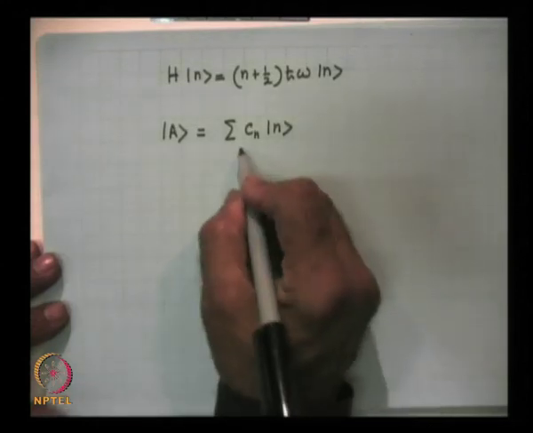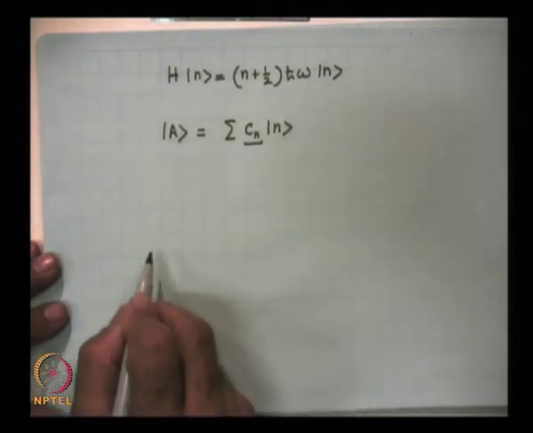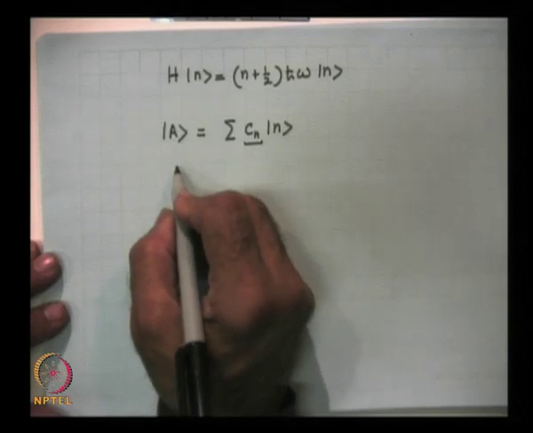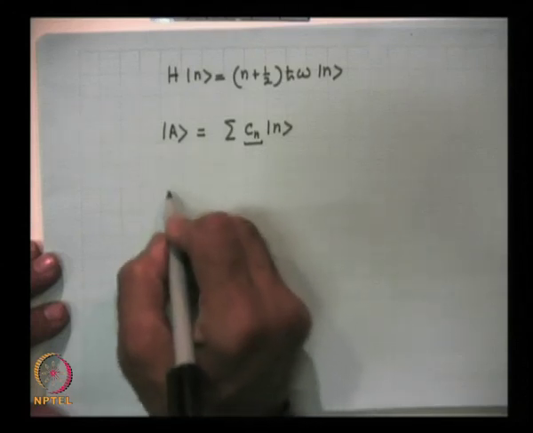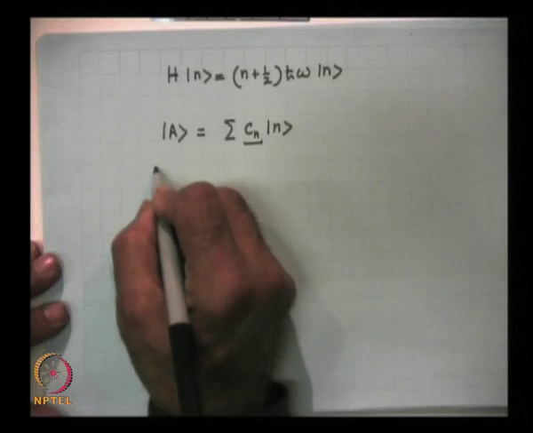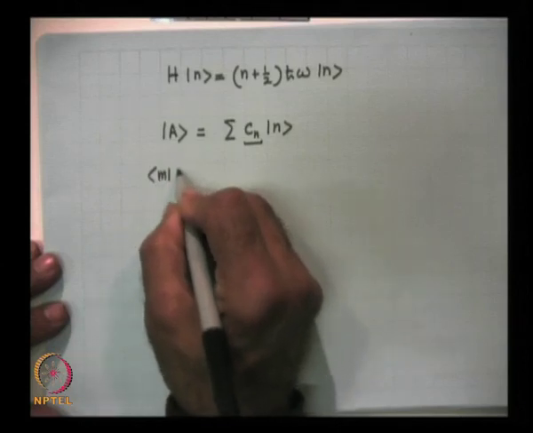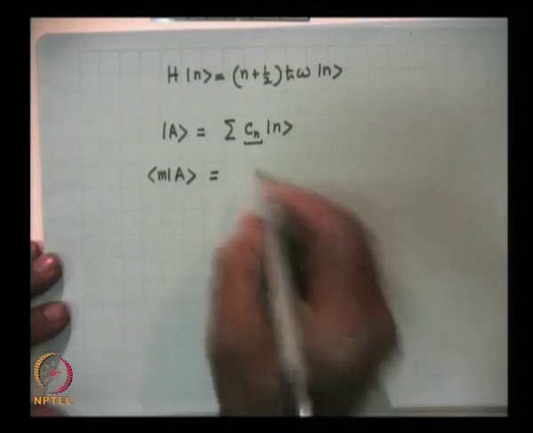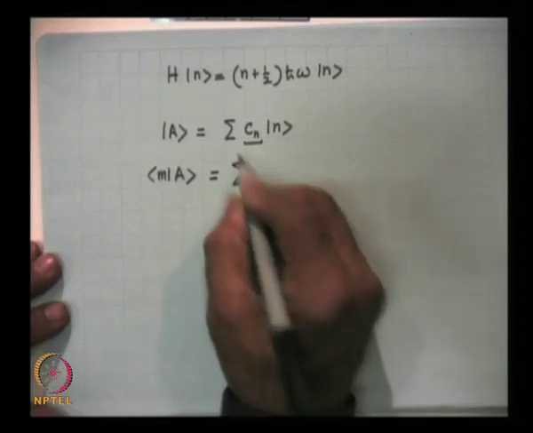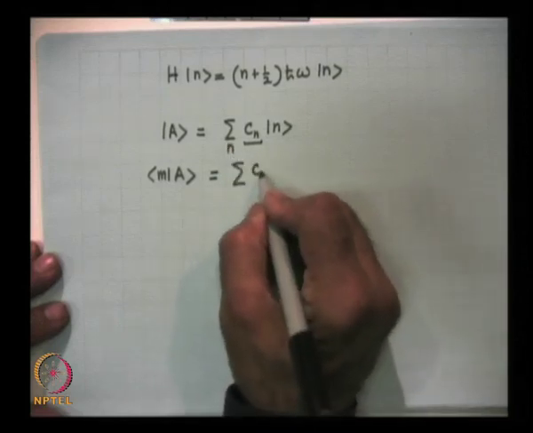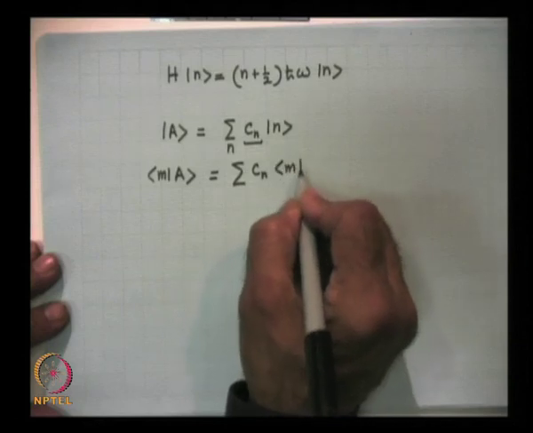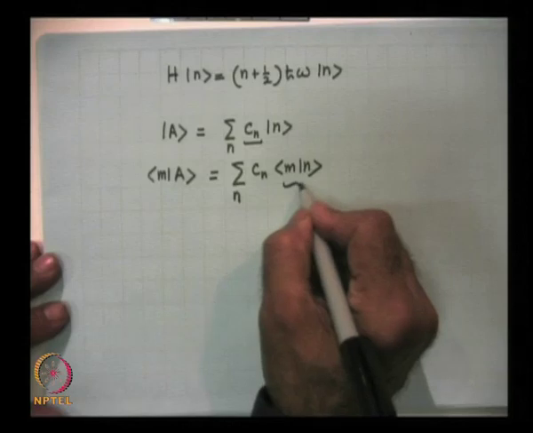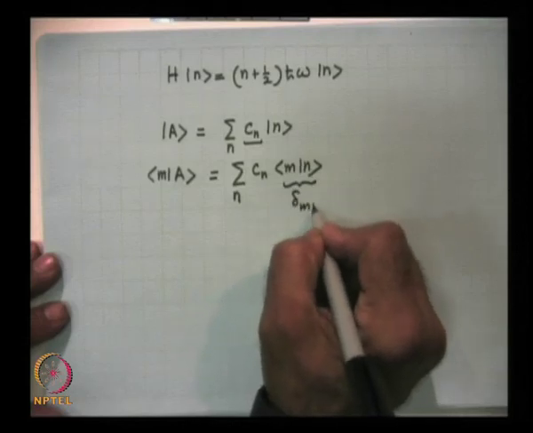And how do I find the C n? I find it by multiplying this equation by bra m. So I get bra m ket A equal to the summation over n of C n bra m ket n, and this is equal to delta m n.